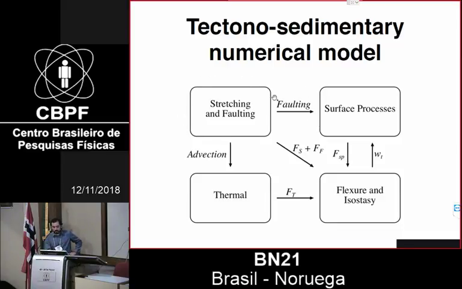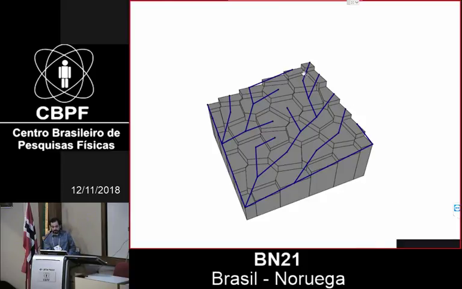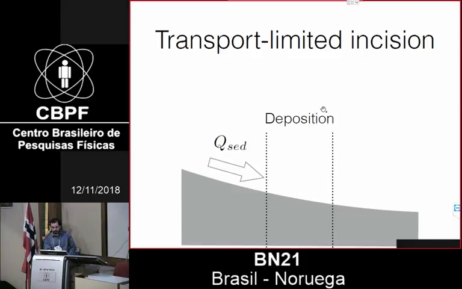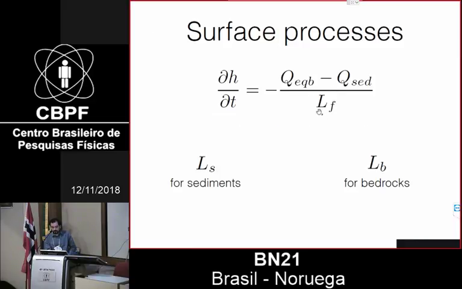In this numerical model, I coupled stretching and faulting of the lithosphere, surface processes, thermal processes, and flexure and isostasy of the lithosphere. Surface processes are simulated by fluvial dynamics, and I won't discuss the details of the equation, but I would like to discuss this parameter here, LF.